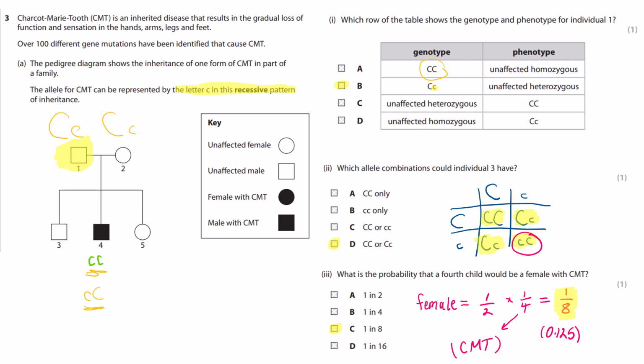So A is not possible. B, however, is possible because it is not showing CMT, however, it is a carrier. Therefore, the phenotype is unaffected heterozygous, so it's B.